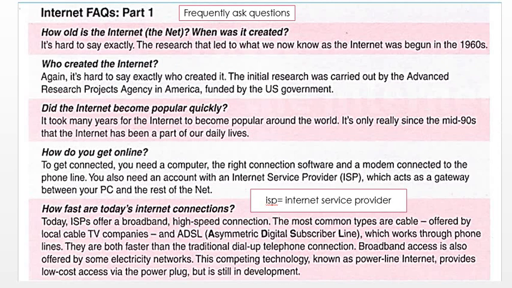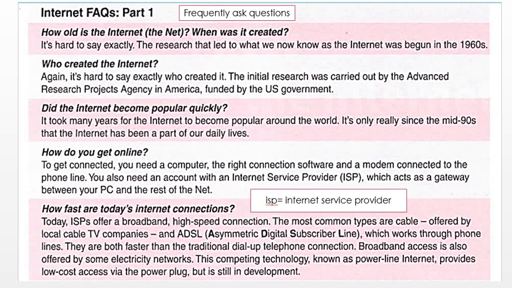How fast are today's internet connections? Today, ISPs offer broadband high-speed connections. The most common types are cable, offered by local cable TV companies, and ADSL, asymmetric digital subscriber line, which works through phone lines.